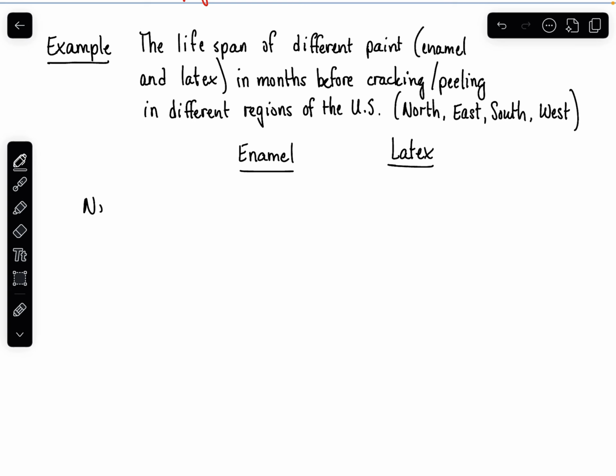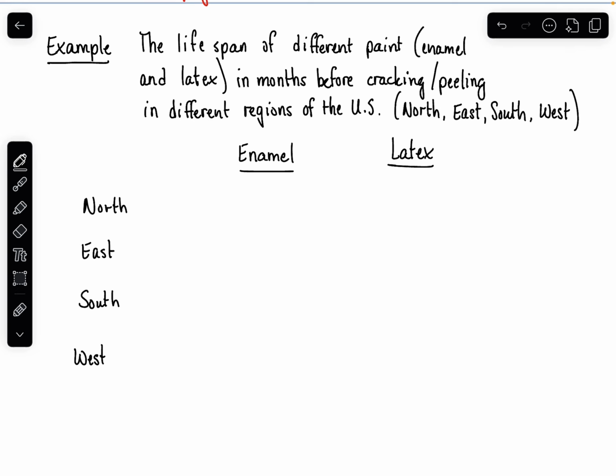And then we would have north, east, south, and west as our 4 levels for location. In each region, with each type of paint, 5 different samples were taken, or 5 different sets of data were taken.